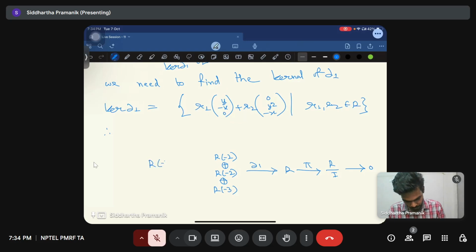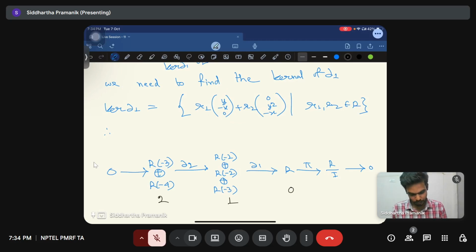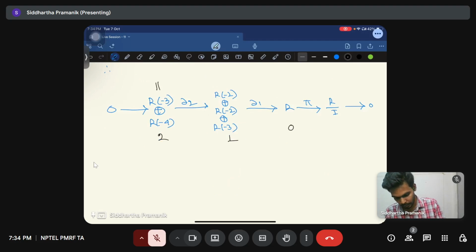So R minus 3, direct sum R minus 4, this is delta 2, and one can check that this map will be injective. So this is the zeroth component free module, this is the first component, this is the second component, this is F2, this is F1, this is F0.